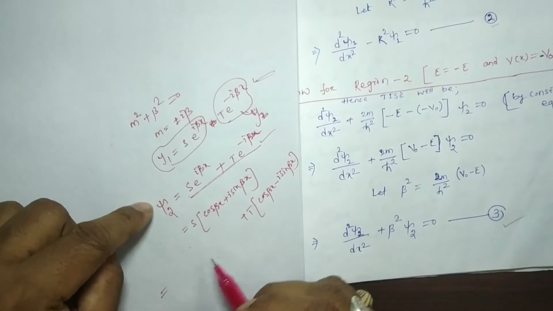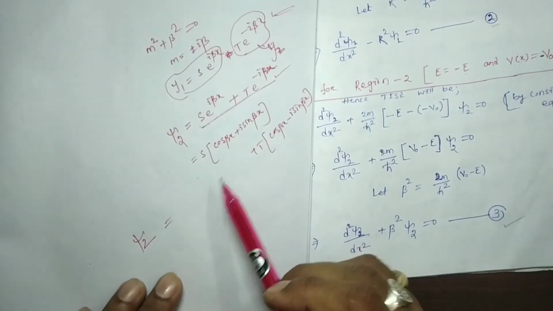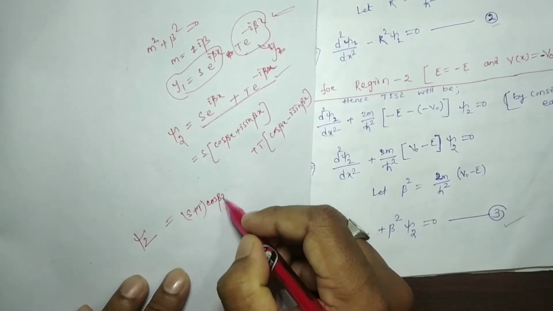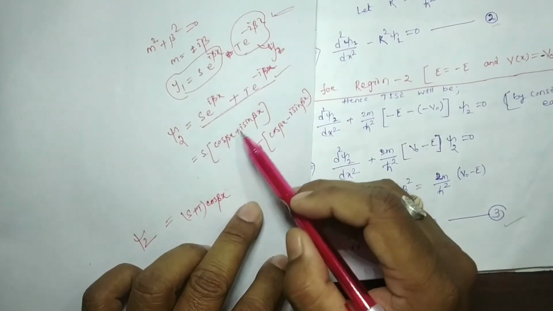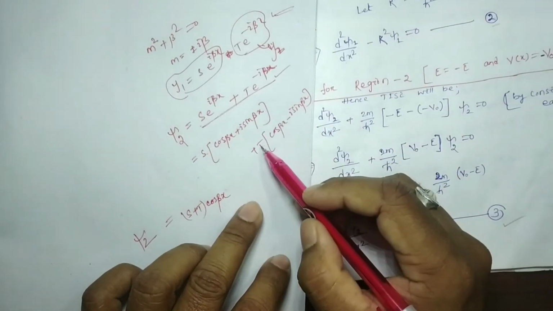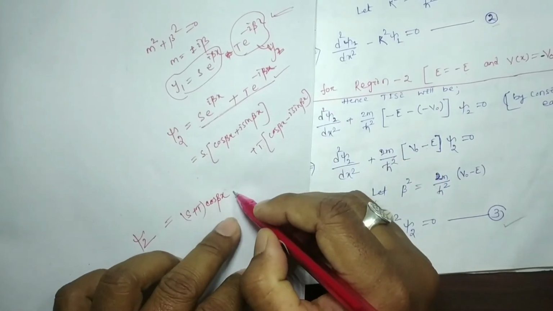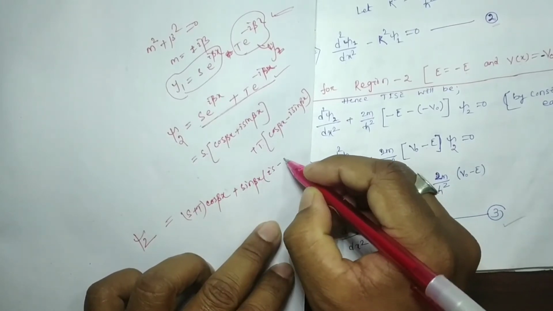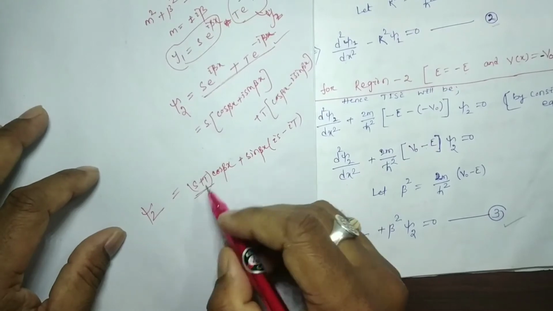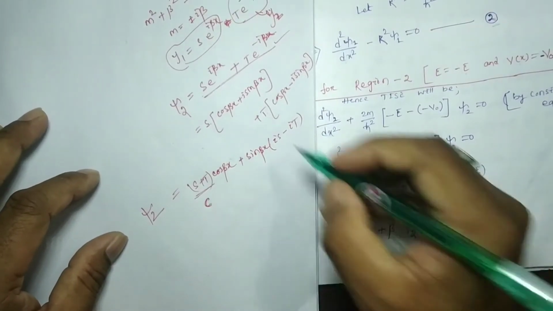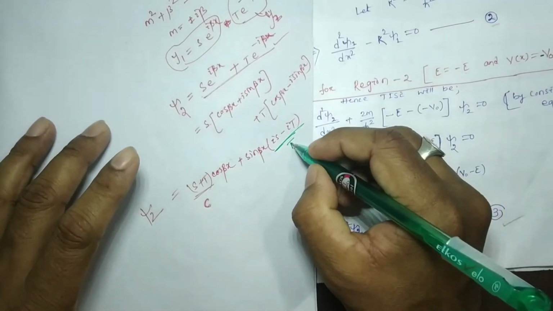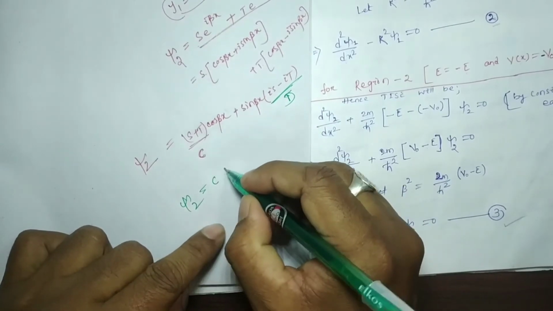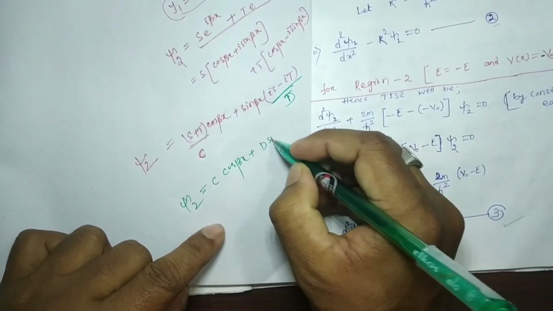So psi 2 is equal to s plus t times cos beta x, plus i s minus i t times sine beta x. Now s plus t can be considered as c, and i s minus i t can be considered as d. So psi 2 can be written as c cos beta x plus d sine beta x.